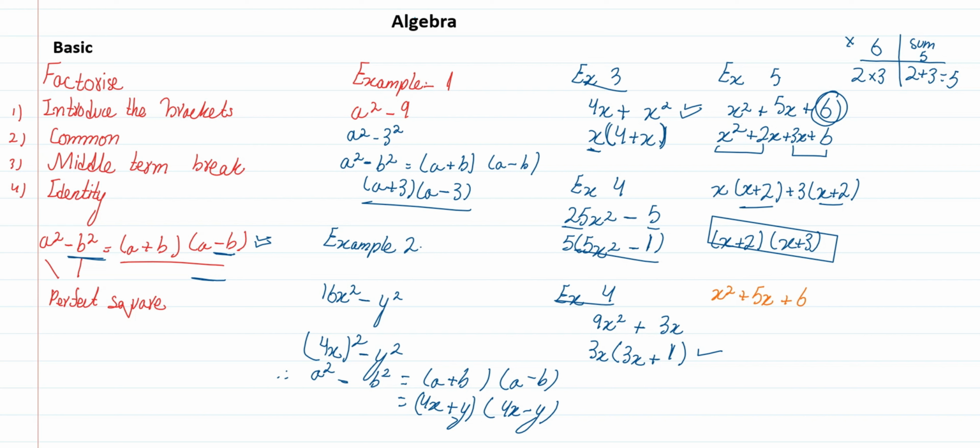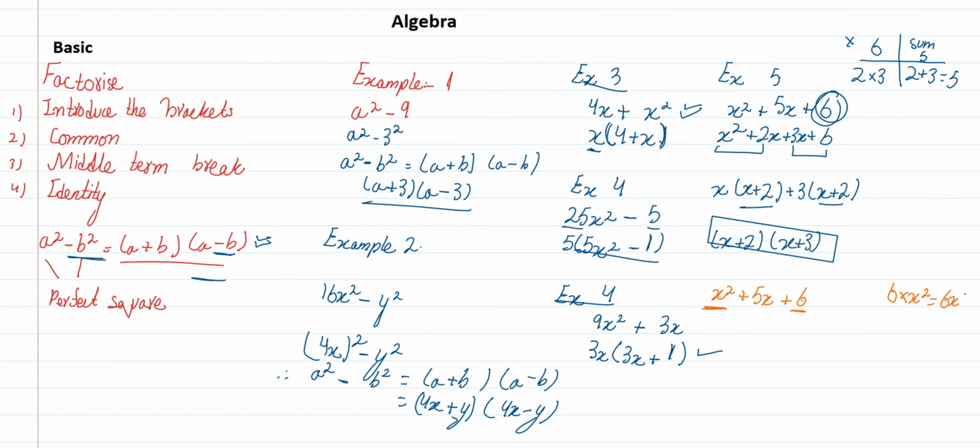The arranged form is: the x square or any variable square with number comes first, the variable or number without power comes second, and the number comes at the third place. After arranging, you have to multiply the first term with the last one. So this is x square and this is 6, so if you multiply them, it will give you what?